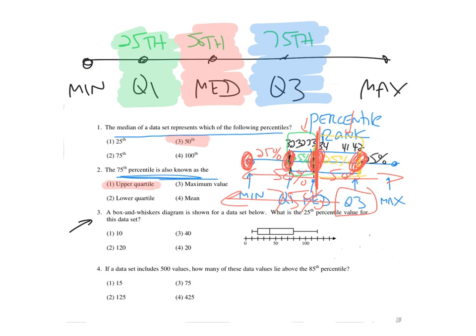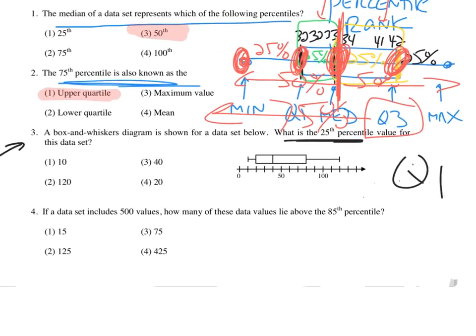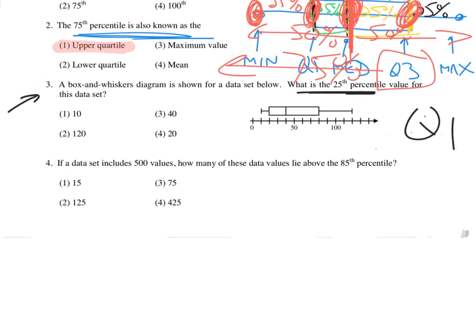Number 3, a box and whisker diagram is shown for data below. What is the 25th percentile value for this data set? Well, the 25th percentile is the lower quartile. So we're basically going to be looking for where Q1 is on this box and whisker plot. And remember, the lower quartile is the left portion of the box.